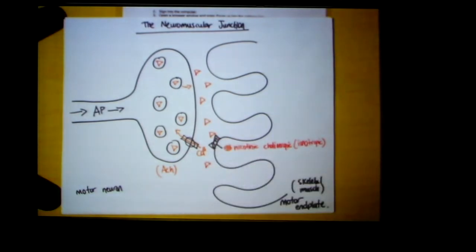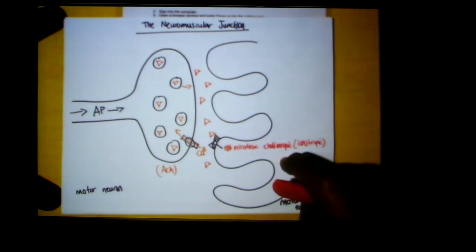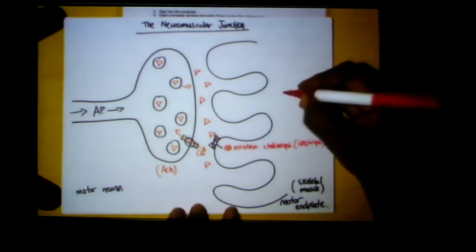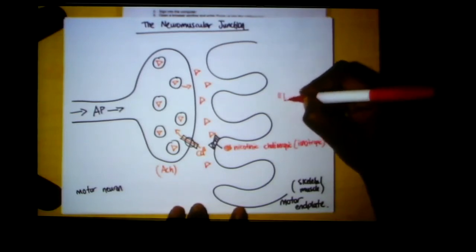And that will immediately bring about our response on the skeletal muscle. Now, what did I call the response on the skeletal muscle? Can anyone remember? It's contraction, but specifically, what is it called? What type of potential? An end plate potential, an end plate potential, okay?